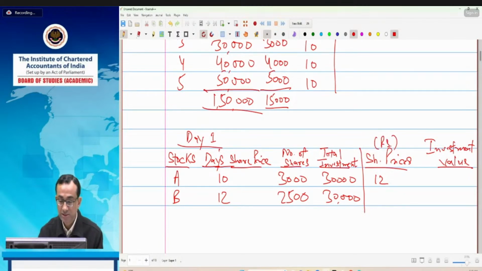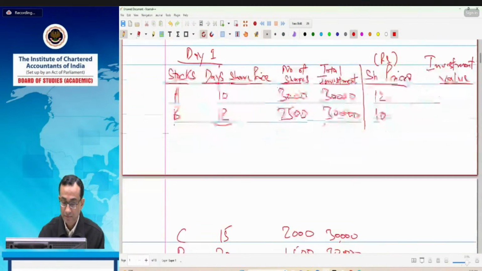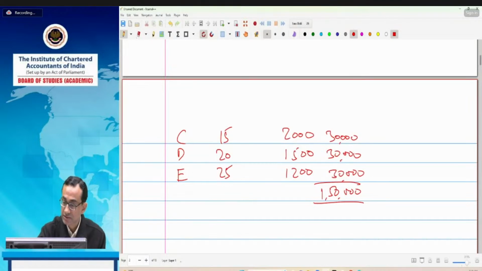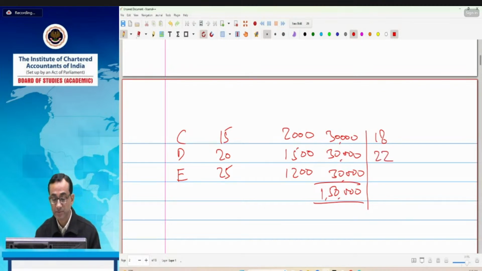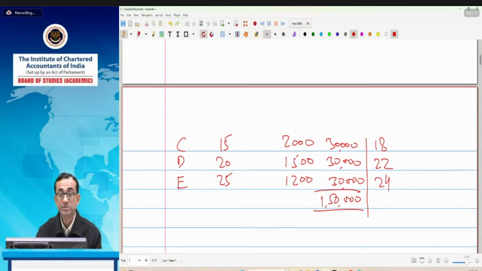In case of B, the share price decreases from 12 to 10. In case of C, it increases from 15 to 18. In case of D, it increases from 20 to 22. And in case of E, the share price decreases from 25 to 24. Now let us see what is the position on day 2.